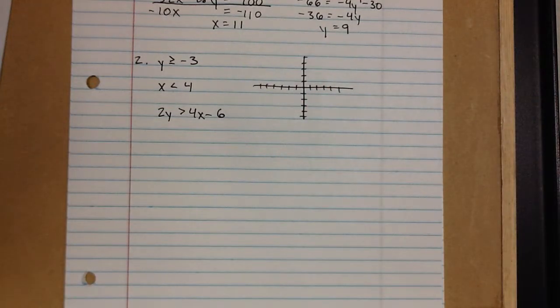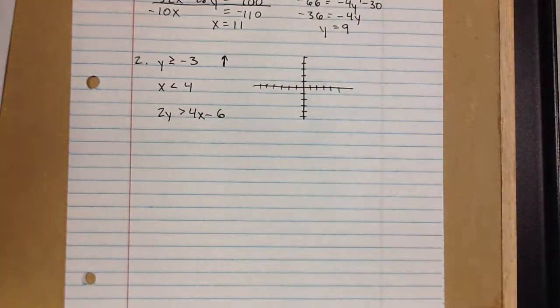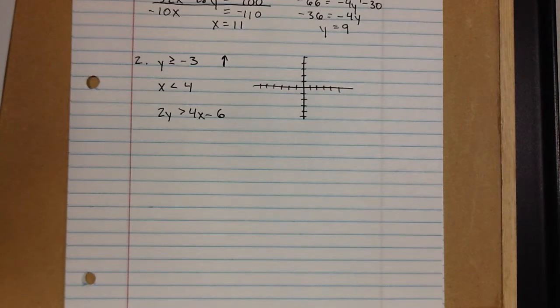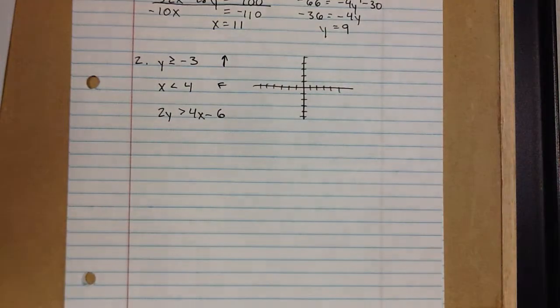So for y is greater than or equal to negative 3, how are we going to shade? Up or down? Up. Y is positive, so we're going to shade up. For x is less than 4, how are we going to shade? Down, which would mean smaller numbers, which would be to the left. And what about for 2y is greater than 4x minus 6?